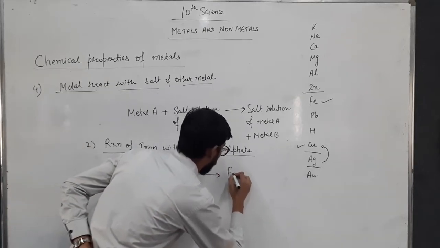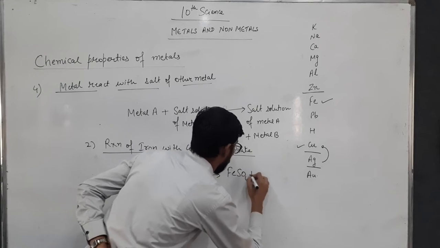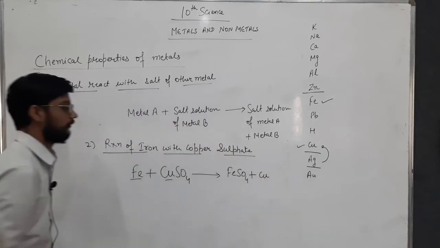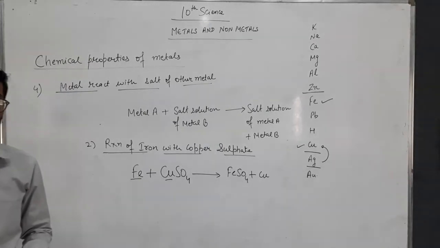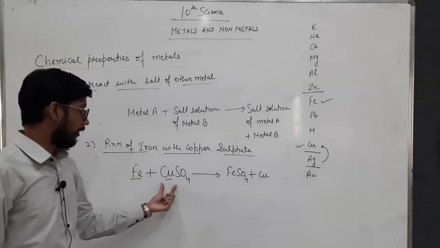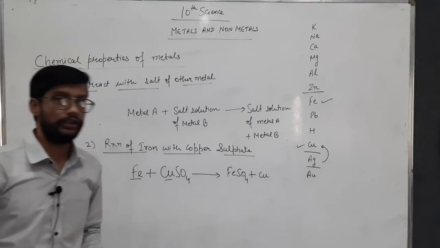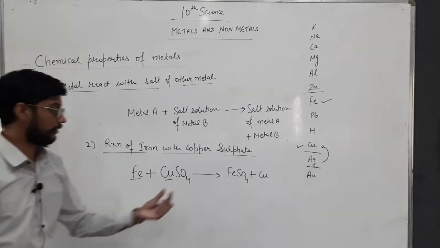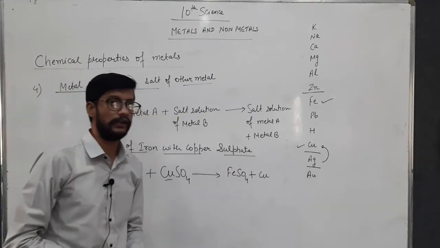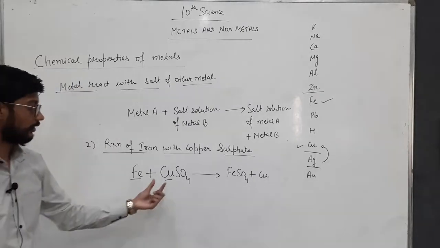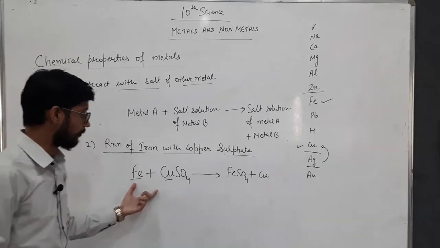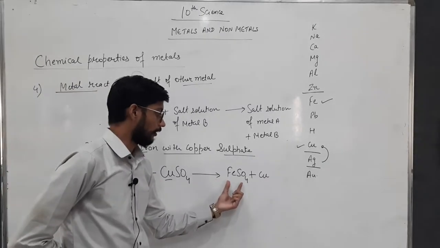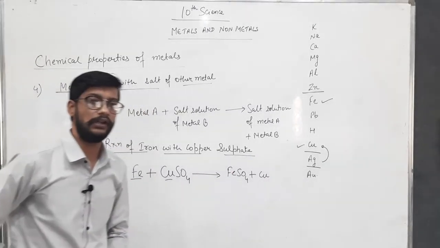So we'll get FeSO4 plus Cu. This is iron sulfate. Initially it was copper sulfate. The color of copper sulfate is blue, and after the reaction it will change into a greenish color. So the color of iron sulfate is greenish. Initially the color of copper sulfate was blue, but after the displacement reaction taking place here, you will get iron sulfate, which is green in color.